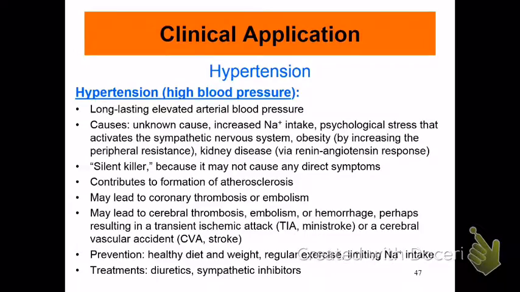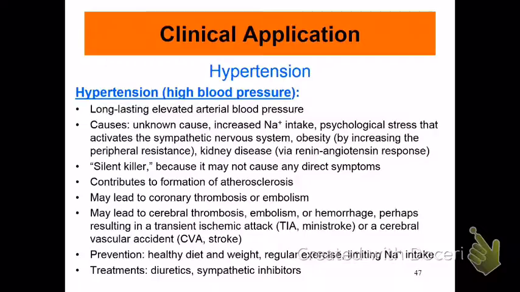Okay, hypertension, that'd be high blood pressure. Smoking causes high blood pressure. Stress causes high blood pressure. So it says long-lasting elevated arterial blood pressure. The causes are unknown. Oops, I just told you some things that caused it, didn't I? Increased sodium intake, so too much salt.